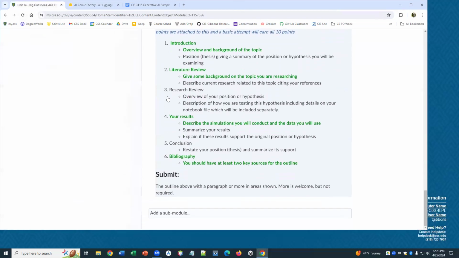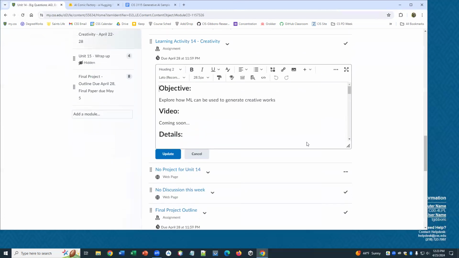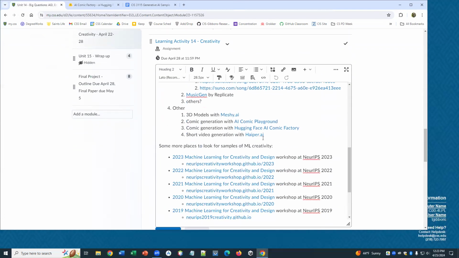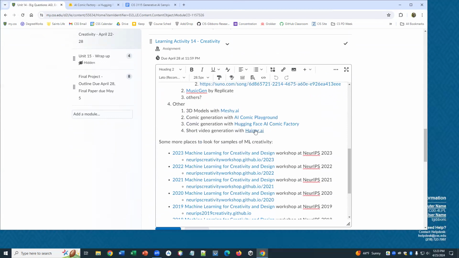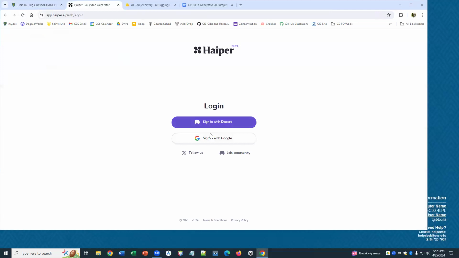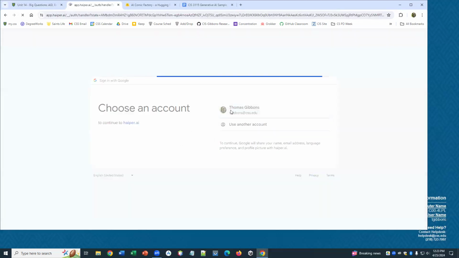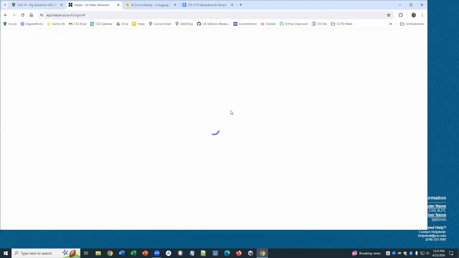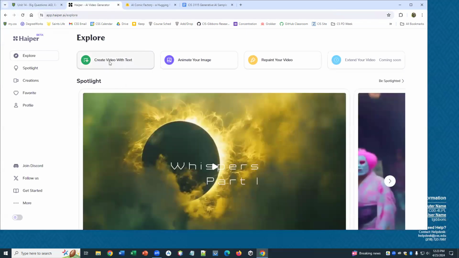The newest video generator out there is this Hapier. You can generate short videos, 4-second videos, with this account. You can create one with an image, or just create a video with a text prompt.